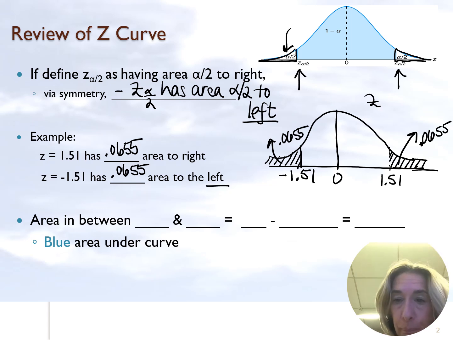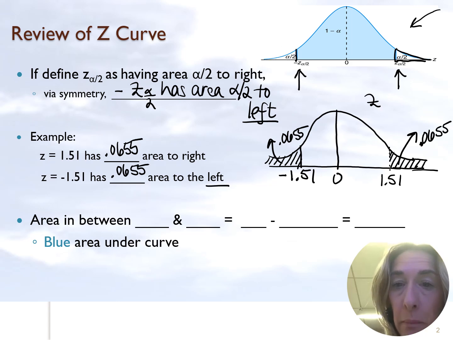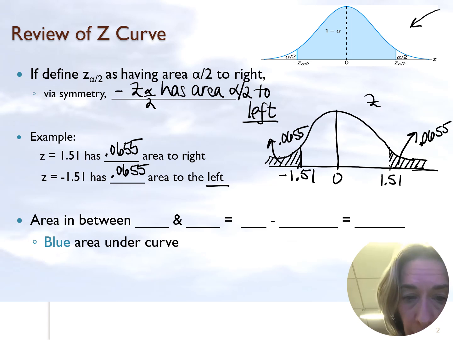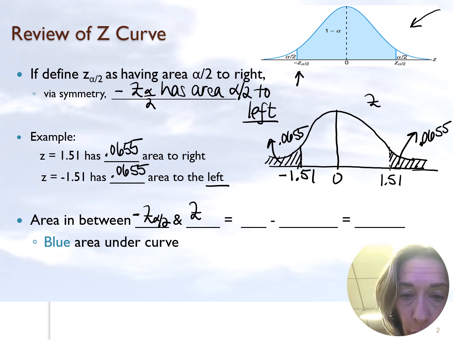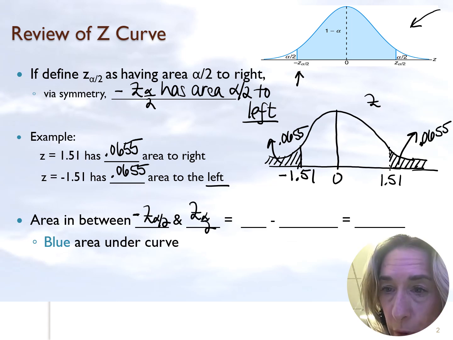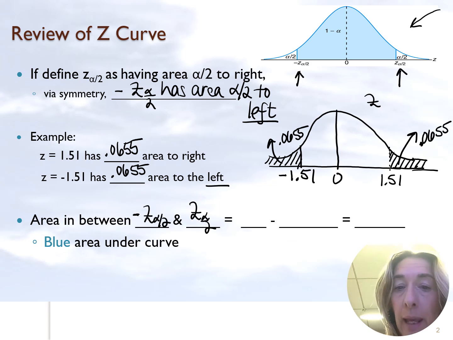Let me direct your attention back up to the first picture. The area in between minus Z of alpha over 2, which is right there, and Z of alpha over 2, which is right there, is equal to the following, keeping in mind that the total area under that curve is equal to 1.